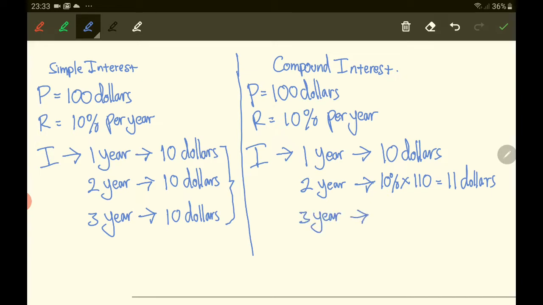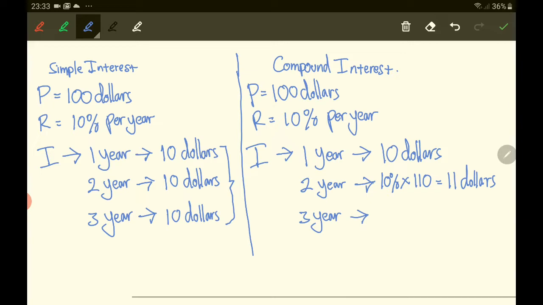In the third year, how much money do you have? You will have $100 plus $10 from the first year interest plus $11 from the interest of the second year.